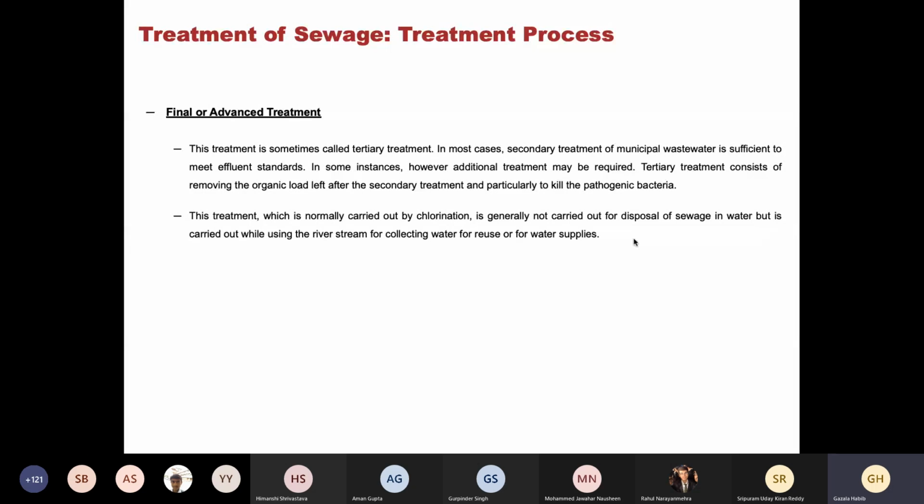Tertiary treatment consists of removing the organic load left after secondary treatment, and particularly killing the pathogenic bacteria. The treatment, which is normally carried out by chlorination, is generally not carried out for disposal of sewage in water, but is carried out while using the river stream.